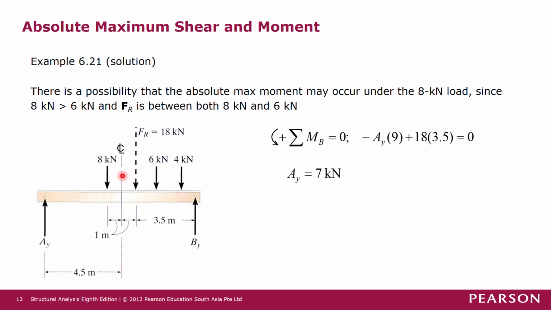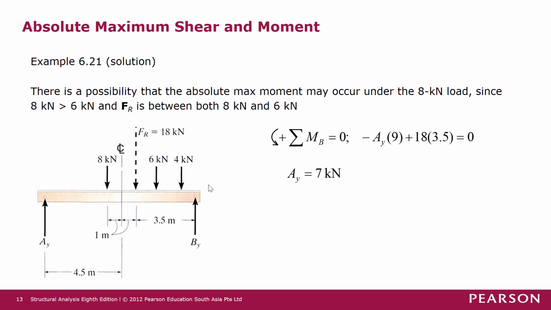So you have to put the forces in such a way that the 8 kilonewton is 1 meter away from the center line and the resultant force is 1 meter away from the center line also.